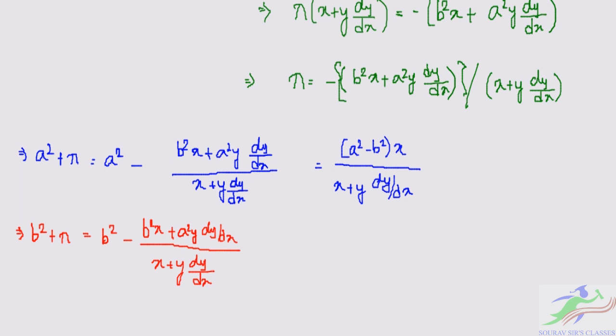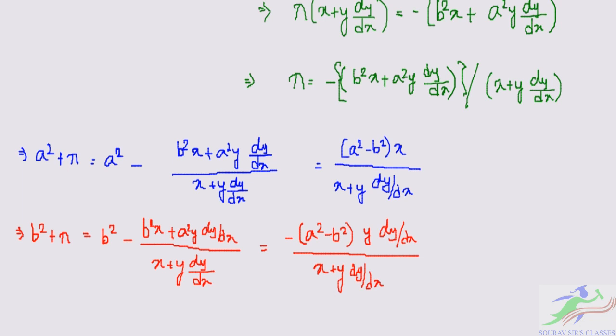From here we find it is equal to minus of a square minus b square y dy dx by x plus y dy dx.